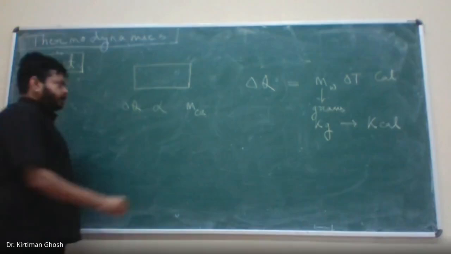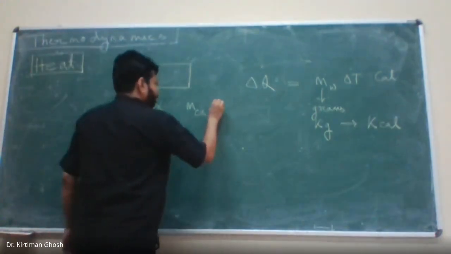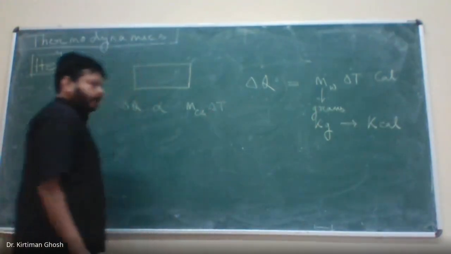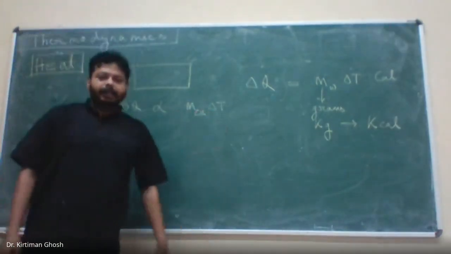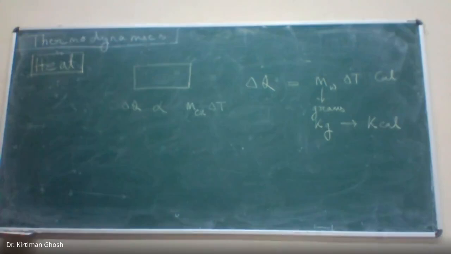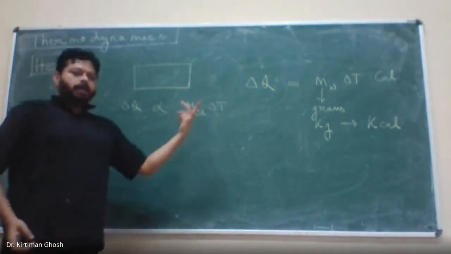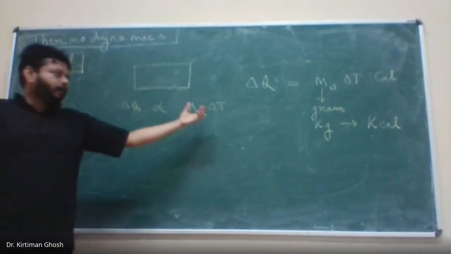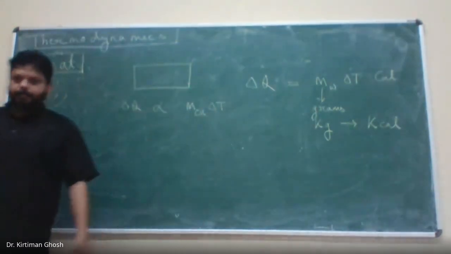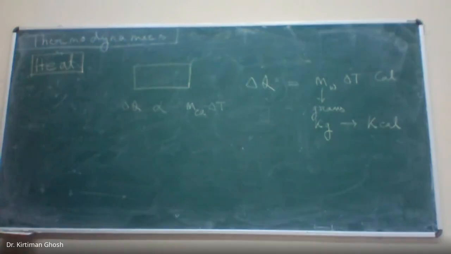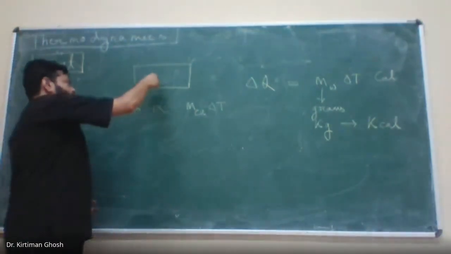It will obviously be proportional to the increase in temperature delta T. These two quantities, M and delta T, are universal. Instead of copper, if I take an iron block or water, with the same mass and same temperature change, these two quantities remain the same. I can always fix the mass at certain values, so they are not dependent on the properties of the block.